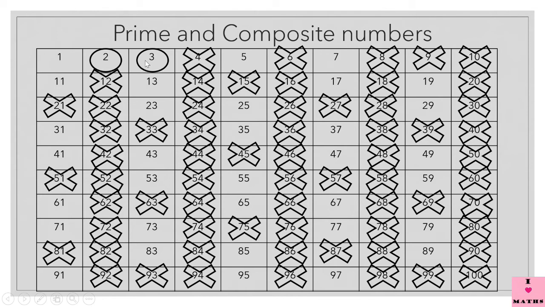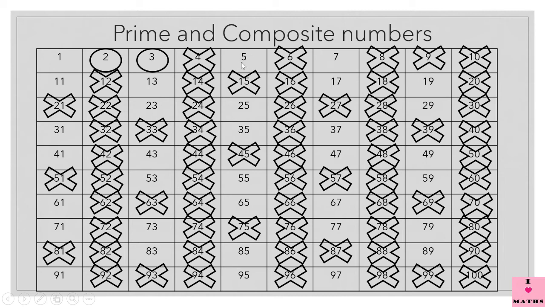The next step is again to circle the next number which has neither been crossed nor been encircled. So the next number which has not been crossed is 5. So children, we are going to encircle 5 and we are going to cross all the multiples of 5.